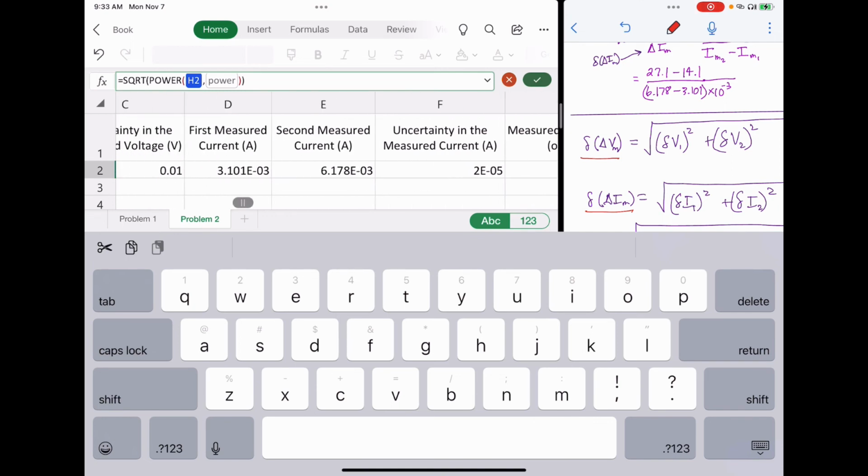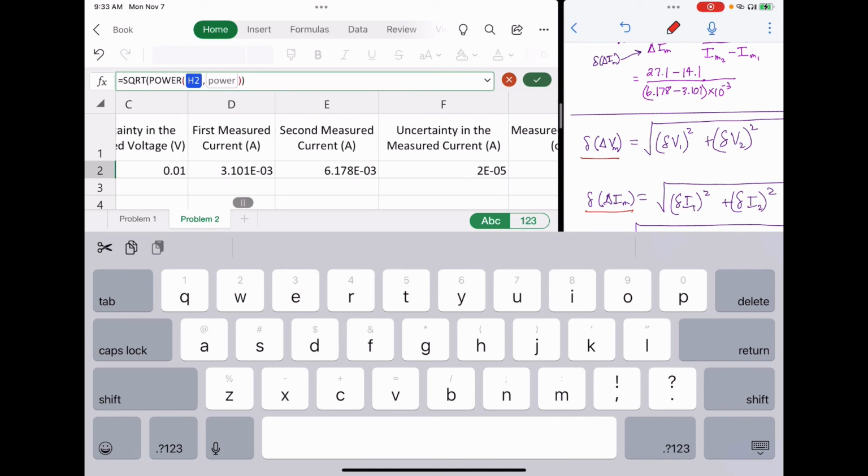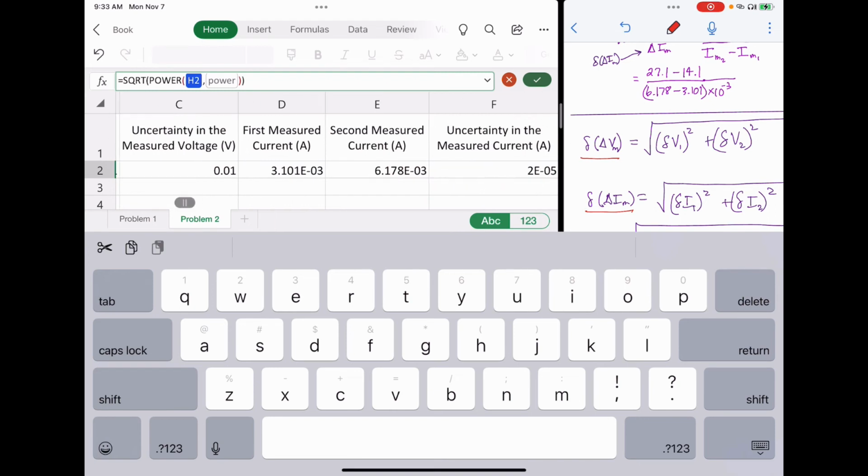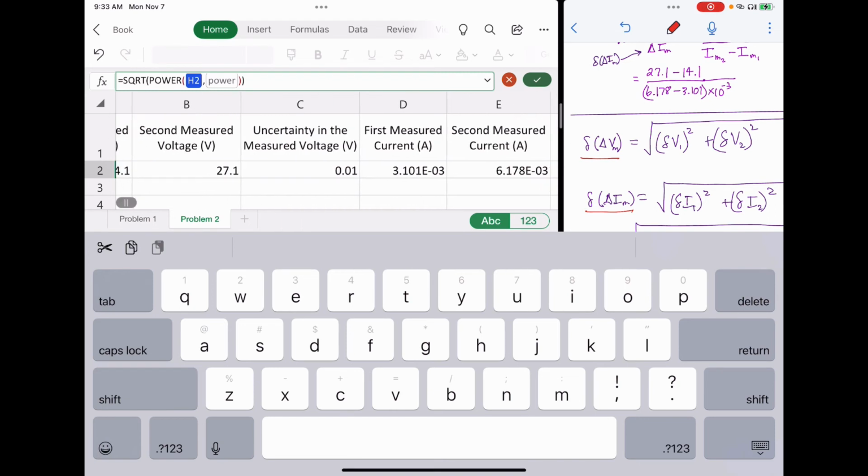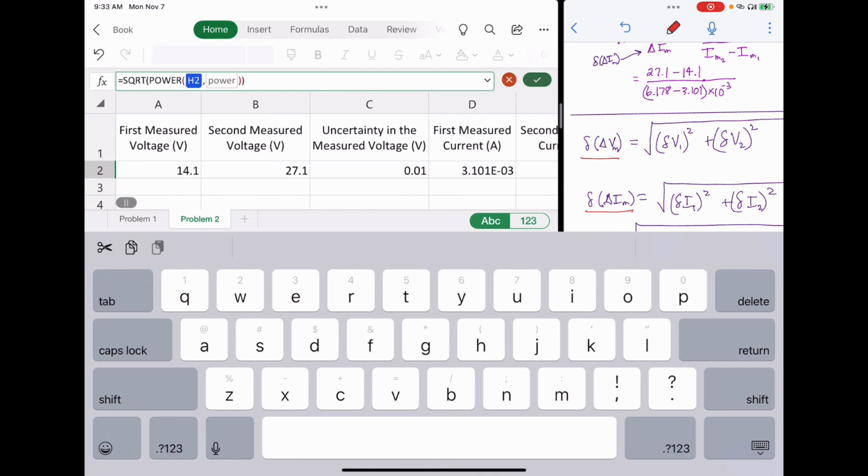And then we need our, did I do the measured voltage? I did not. So I'm going to do this divided by 27.1 and 14. All right. And this is going to be squared, of course.